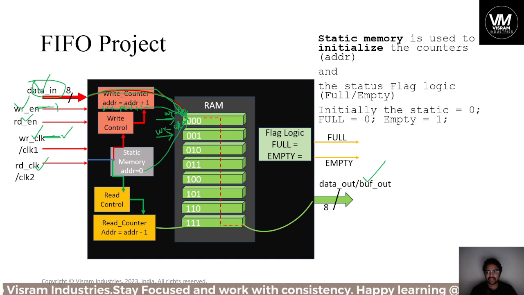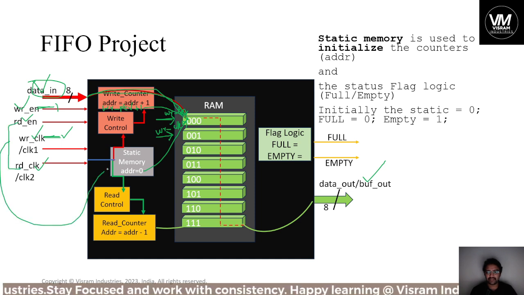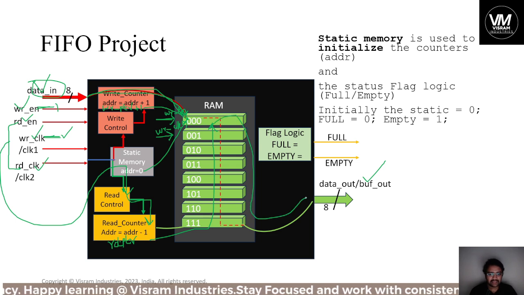Vice versa, the read process will be read enable and read clock, and that will be going from static memory to read control and to the read pointer. Here this output is the read pointer. That read pointer will be accessed in a bottom up approach, and that data is sent to the data out and data buff out.